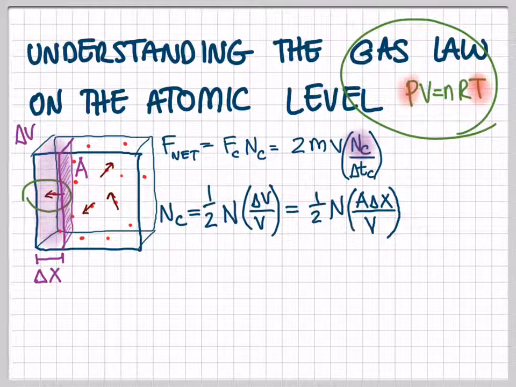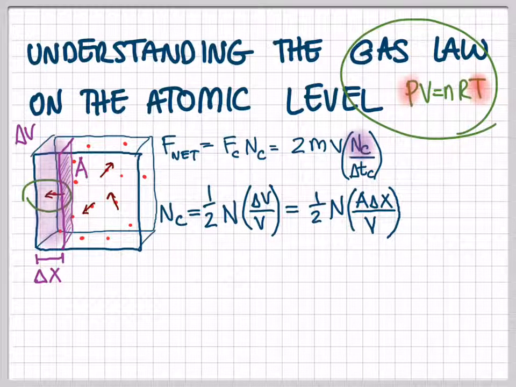Let's continue that. Now this point is a little bit more subtle. Thinking about molecules that have a chance of hitting the left-hand wall, because the amount of time that each collision takes is very, very small, those molecules have to have a sufficient speed to cross our little distance delta x.